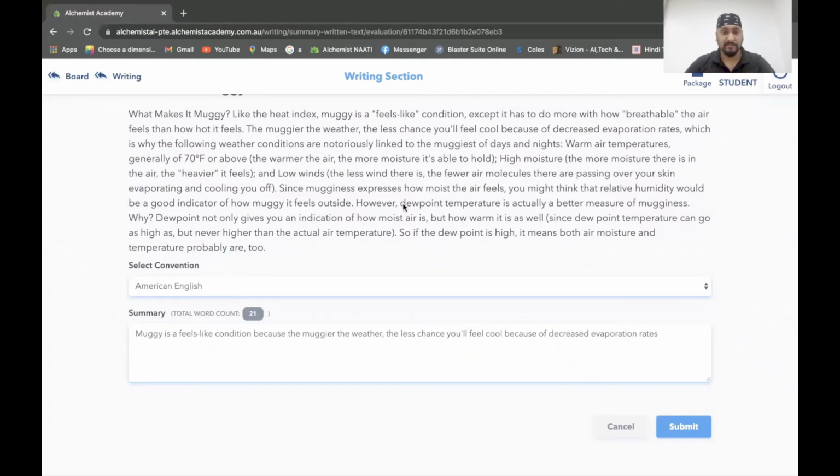So in this case, if I was to add this, we can add: the dew point temperature is actually a better measure of mugginess, right? So in this case, I will just add the word evaporation rates, and then add dew point temperature.